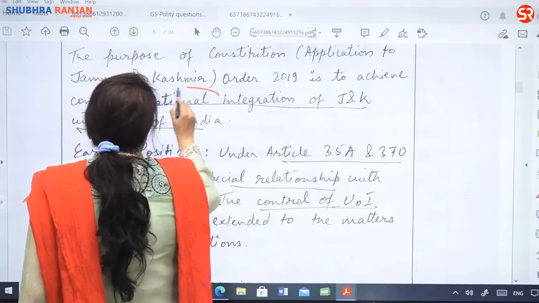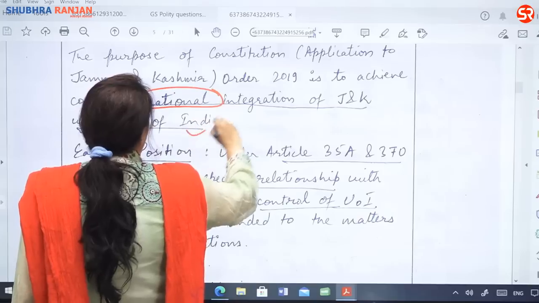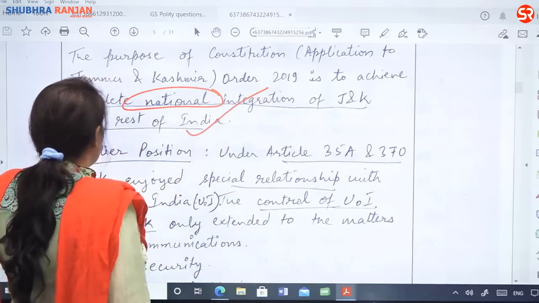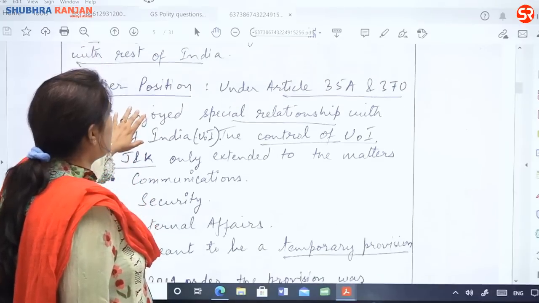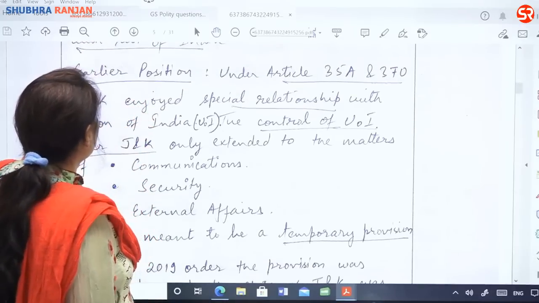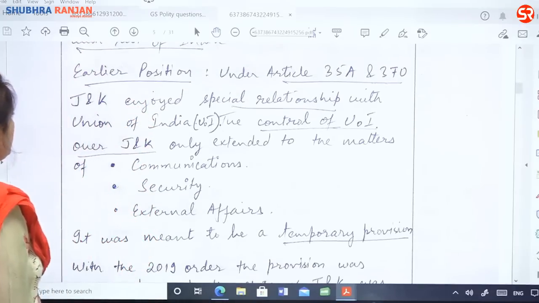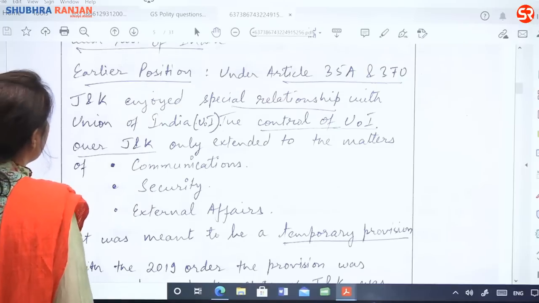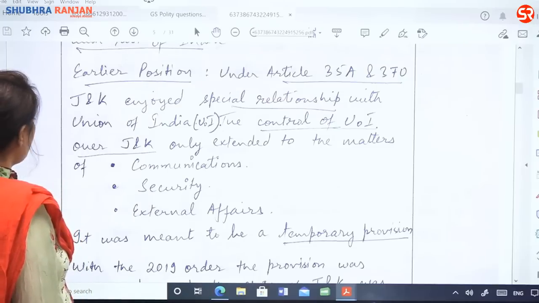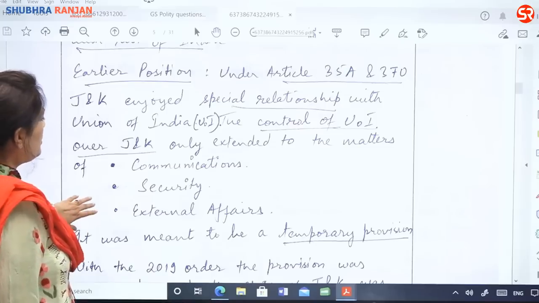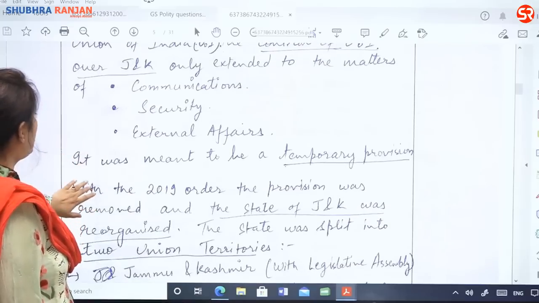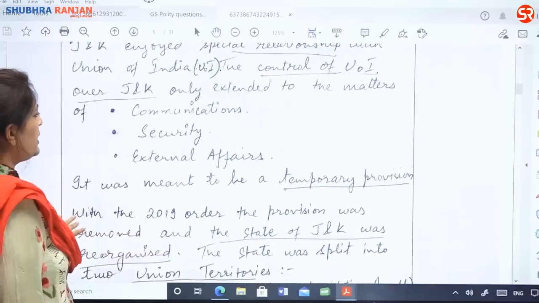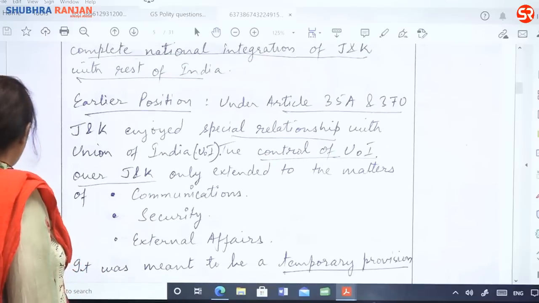Why national integration? It is enough if you write integration. Earlier position under Article 35A and 370, JK enjoyed a special relationship with the Union of India. The control of the Union of India over JK only extended to the matters of communication, security and external affairs. It was meant to be a temporary provision.